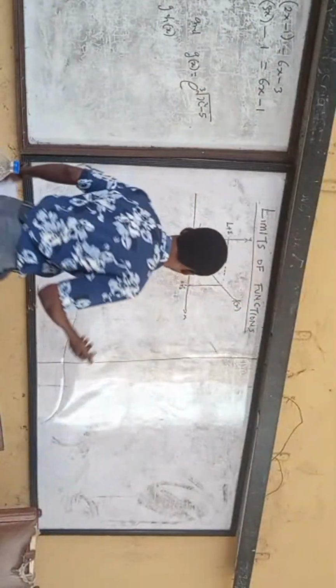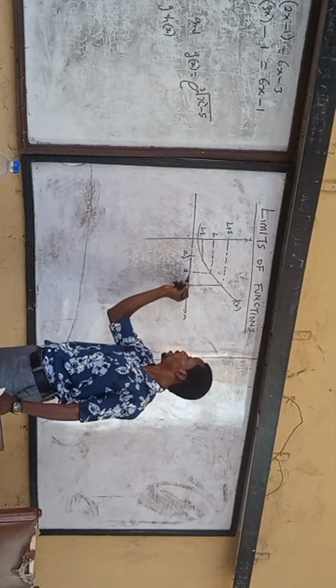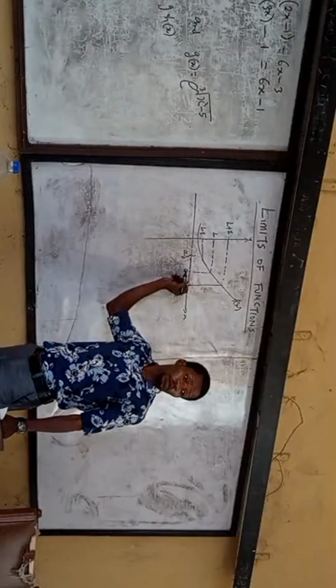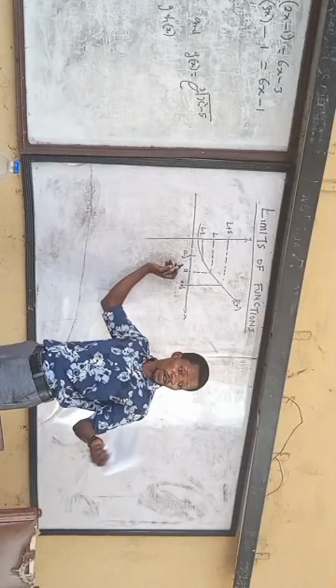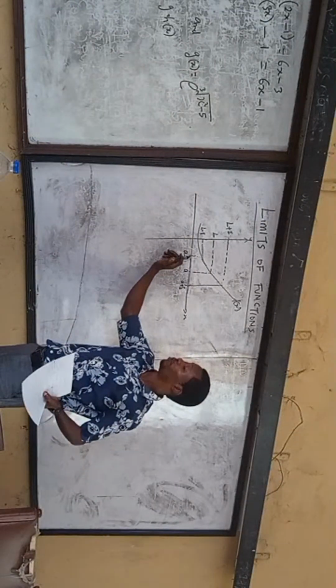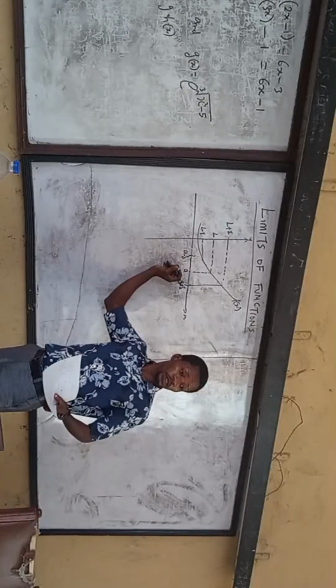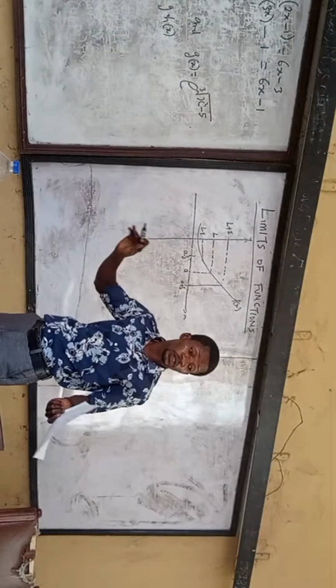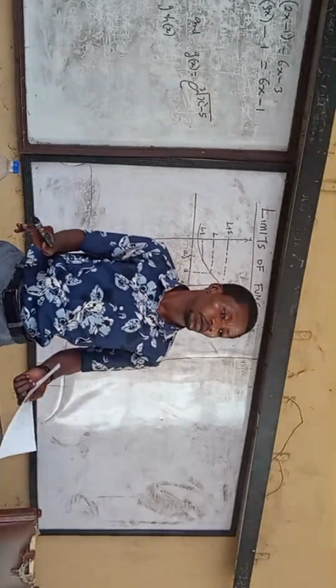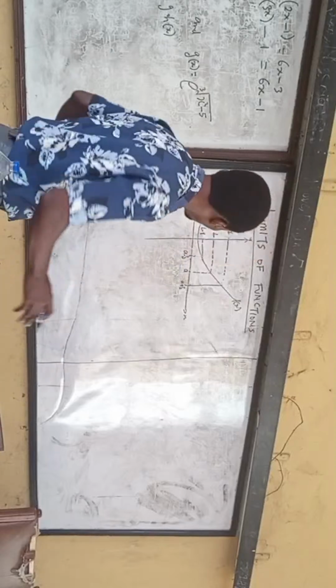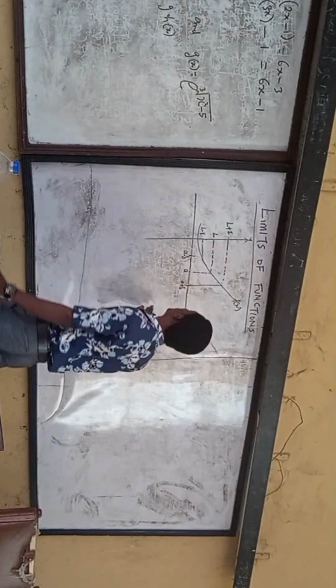So the limit as x approaches A from the right may be the same as the limit approaching from the left, and sometimes, depending on the function, they may not be the same. Do you understand that?